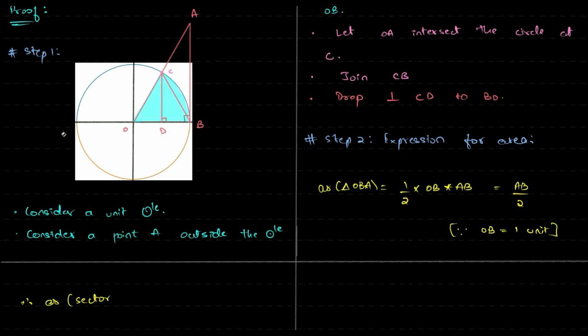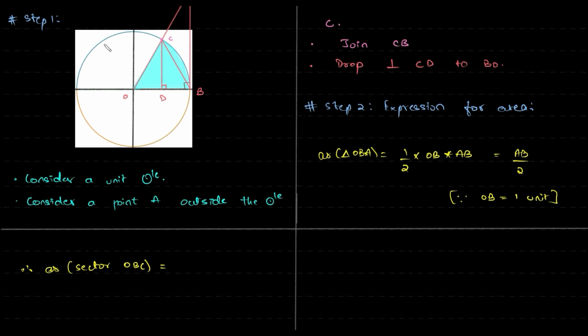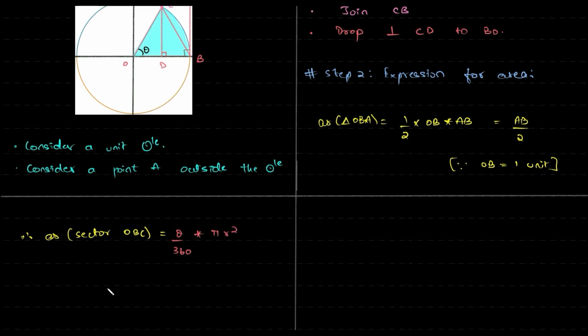The cake structure is your sector. So area of sector OBC, if I call this angle theta, would be theta by 360 into pi r square. In this case r is 1, so we have theta by 360 into pi.